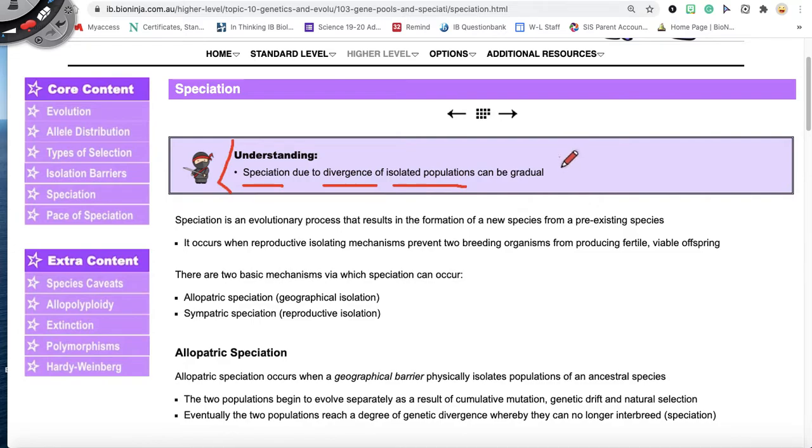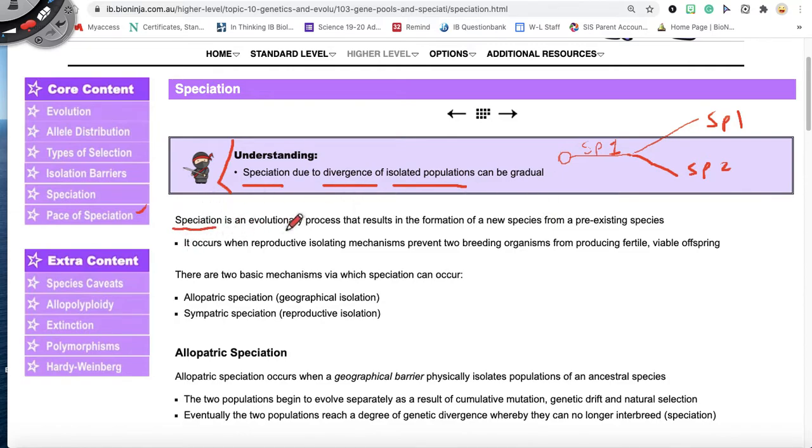So if you share a common ancestor like so, and here you have species 1, that species 1 can continue to diverge from perhaps a species 2. We know this as gradualism. But we're also going to look at a different pace of speciation in our next section called punctuated equilibrium.